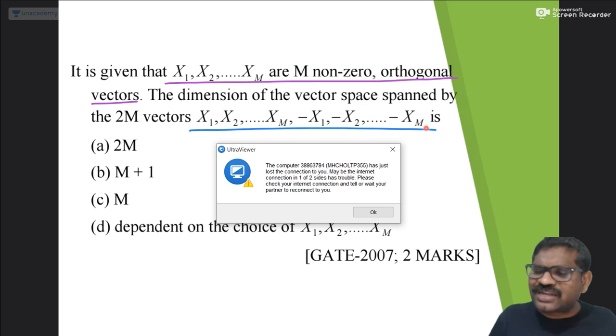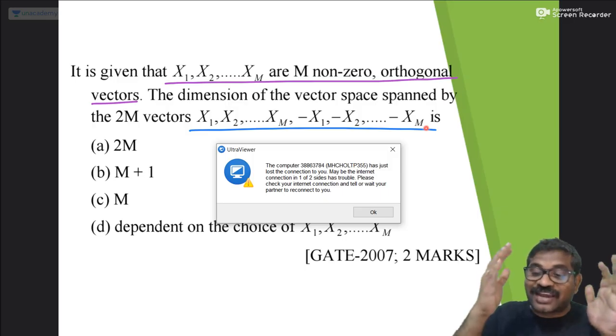Look at what the vectors are: x1, x2, xm, then minus x1, minus x2, minus xm. You have 2m vectors available.